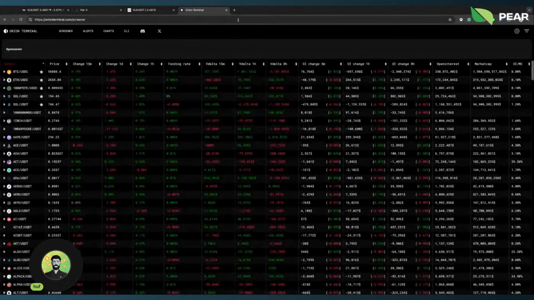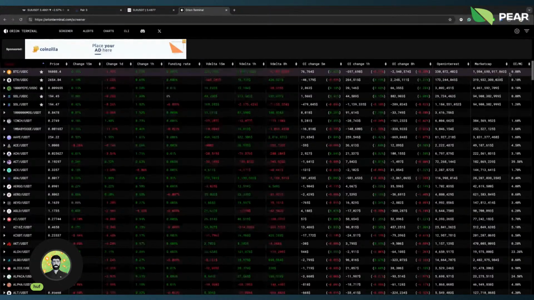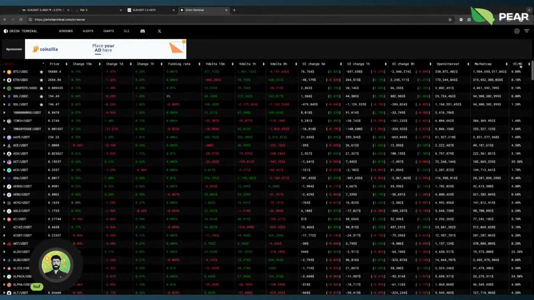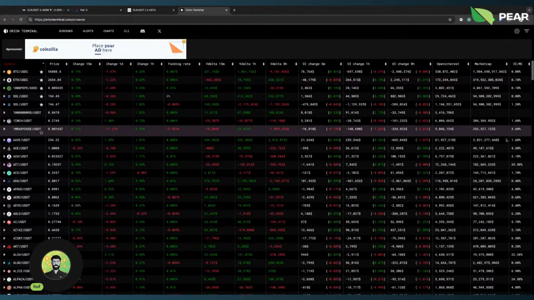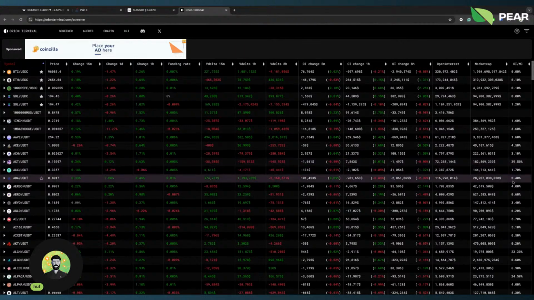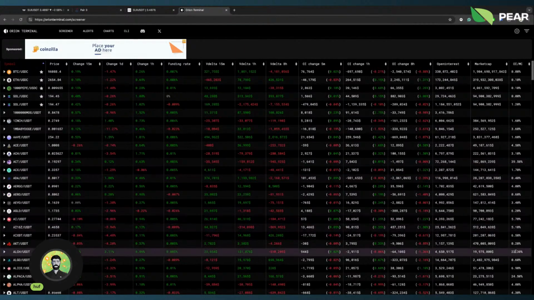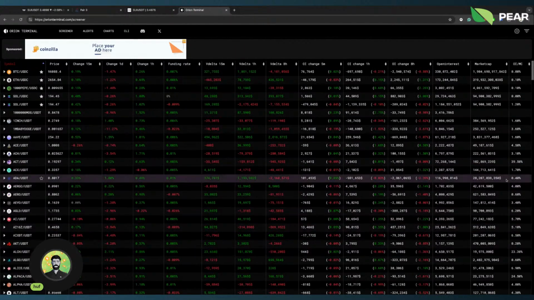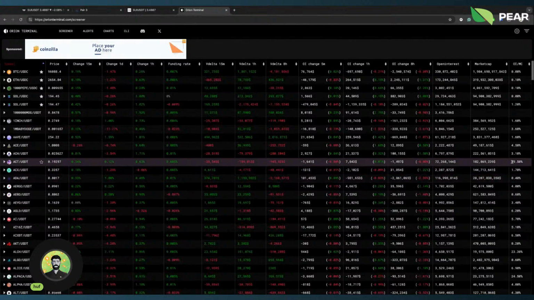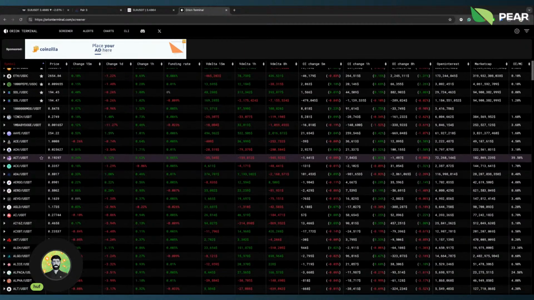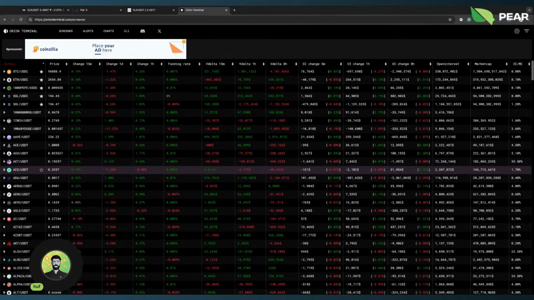Sorting hasn't been working very well on here recently. But generally, a high open interest to market cap shows a very derivatives heavy market. So something like ALCH or ACT shows that the majority of the market cap is actually in open interest. So you can see some kind of crazy moves on those assets.